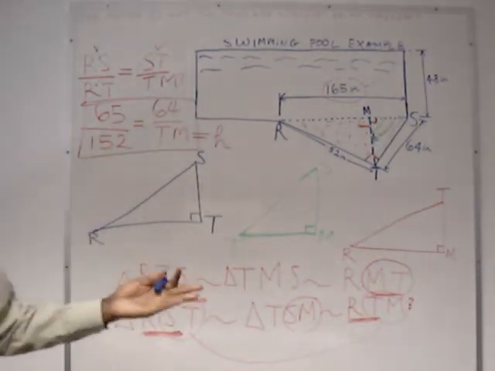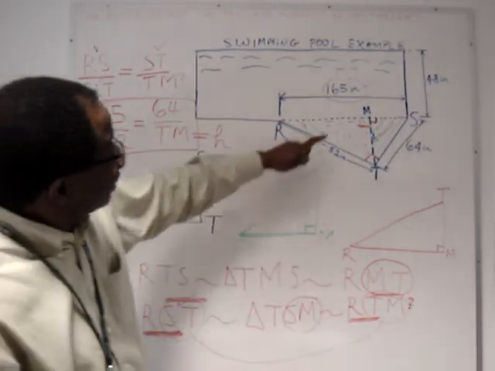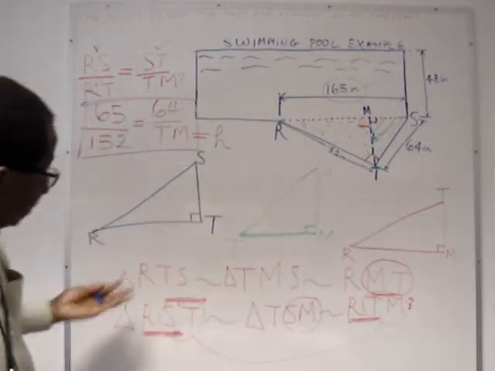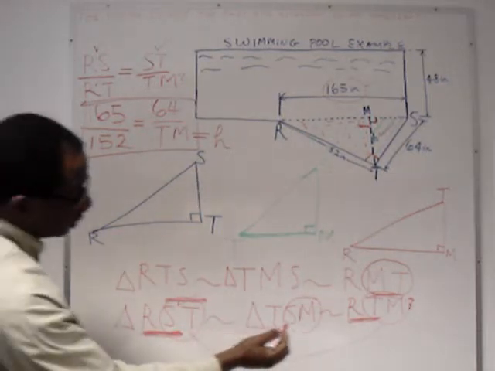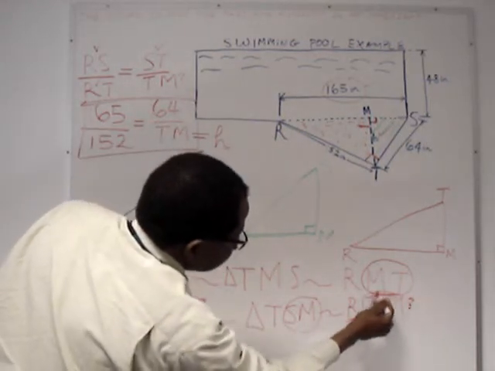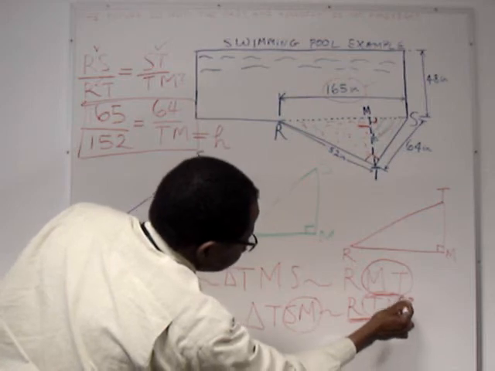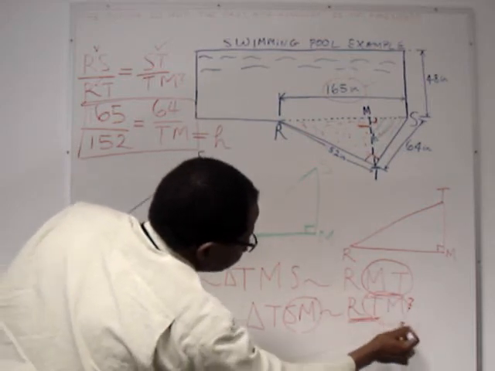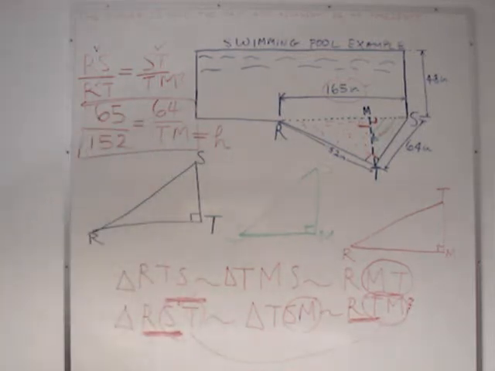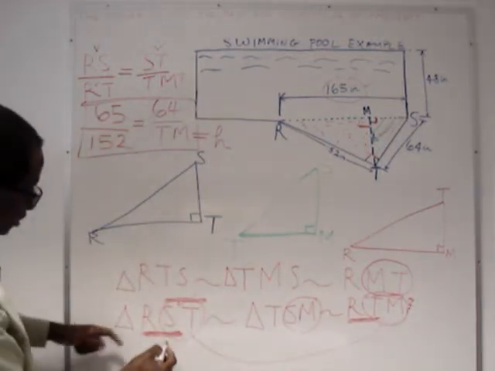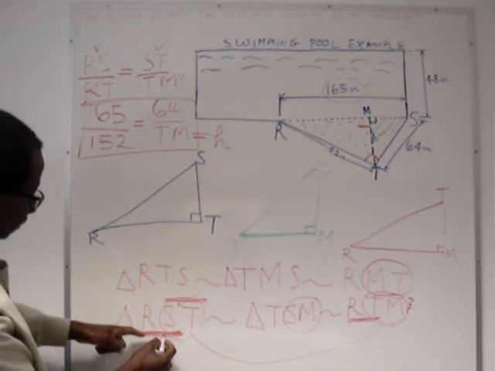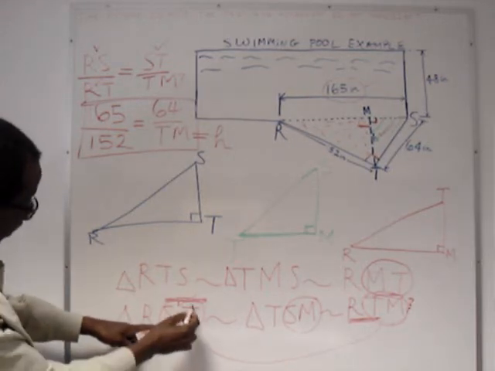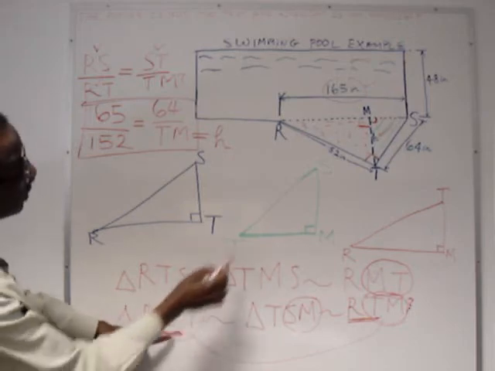So then, what are they asking you to find? They're asking you to find MT or TM. The TM they're asking you to find is this thing right here, out of triangle RTM.